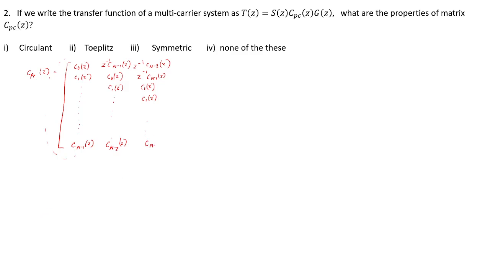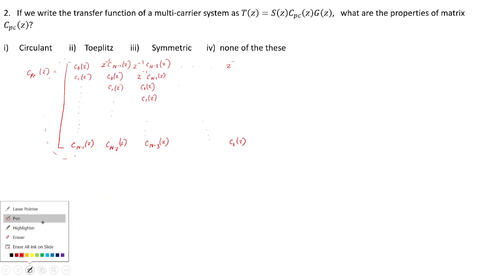C n minus 3 z, and this goes on. The last column, let us write down because it helps to visualize things. This C naught z comes here, C naught z comes here, and just a minute.